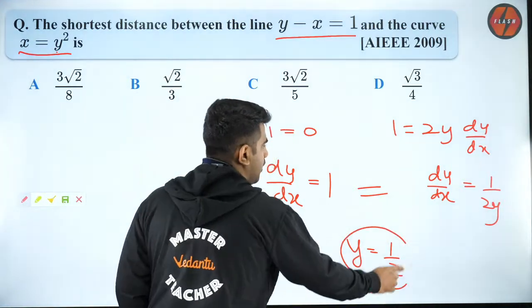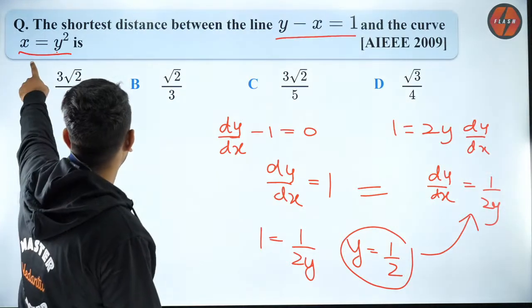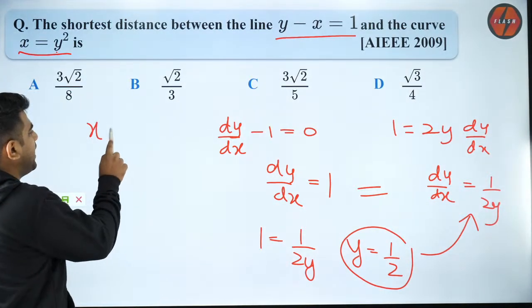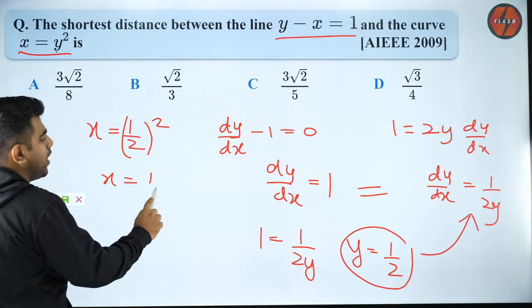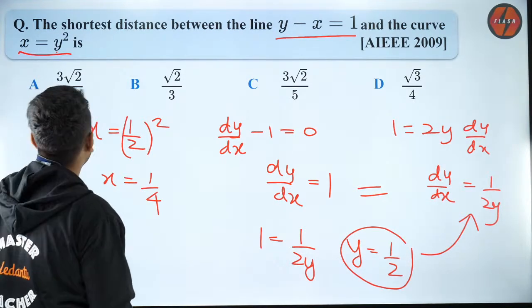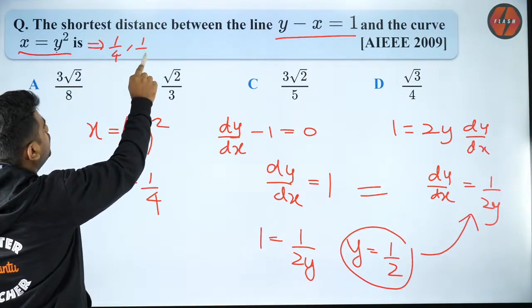I got y from the second equation, so from here I will get x. My x is y square, so it is 1 by 2 square. So x is equal to 1 by 4. So I got the point on the curve, which is 1 by 4 comma 1 by 2.